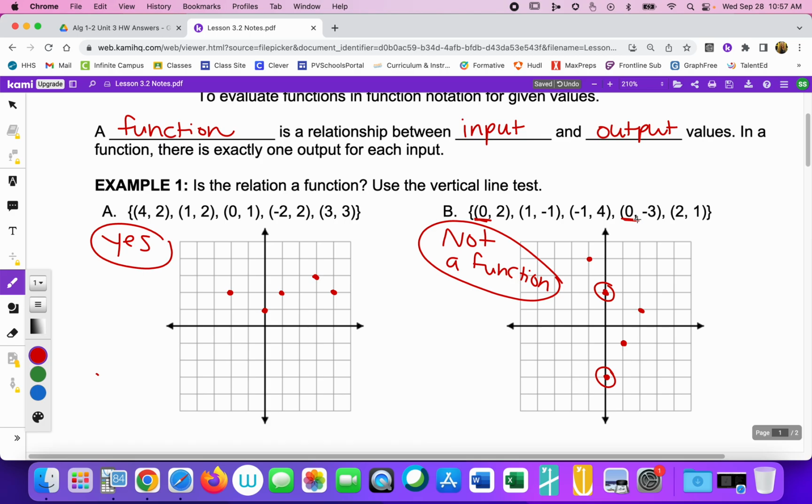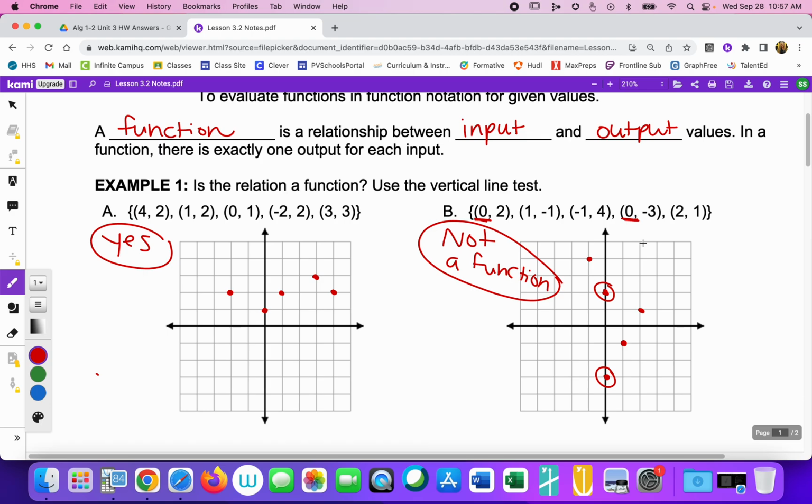The input of 0 has 2 outputs. That's not okay. So it's not a function if the x value repeats, or if any vertical line would hit 2 points at least. Sometimes it can hit 3. Question about that? Yes, it is that simple.